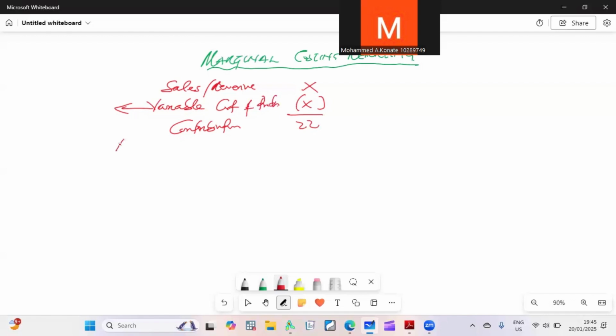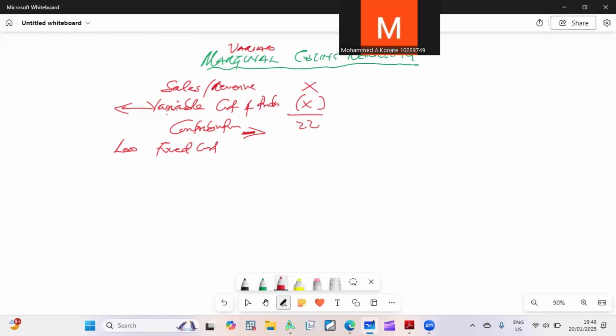Here our focus is only on variable cost of production. Then we less the fixed cost of production. The difference between the marginal or variable costing is that in determination of gross profit, in this case what we call contribution, we don't add the fixed production overhead like we did in the absorption. Only variables are there.